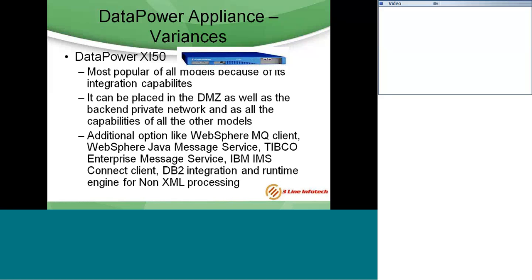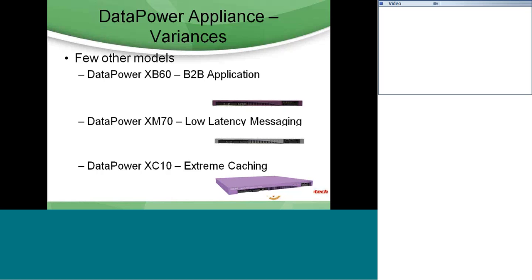The latest XI appliance model is XI52, and the latest version is version 6. There are a few other models available in the market. XB60 is the B2B appliance, used for business-to-business integration, and the XM70 is used for low latency messaging.